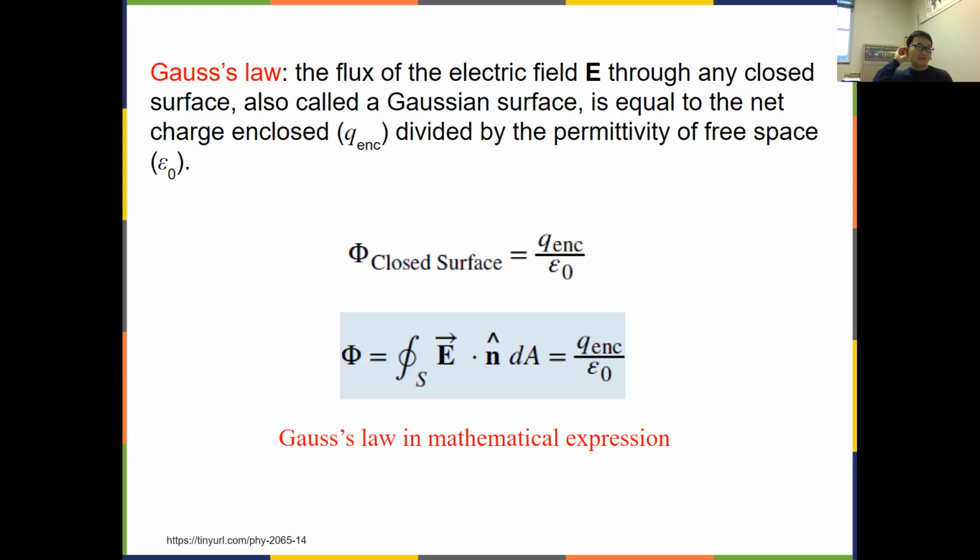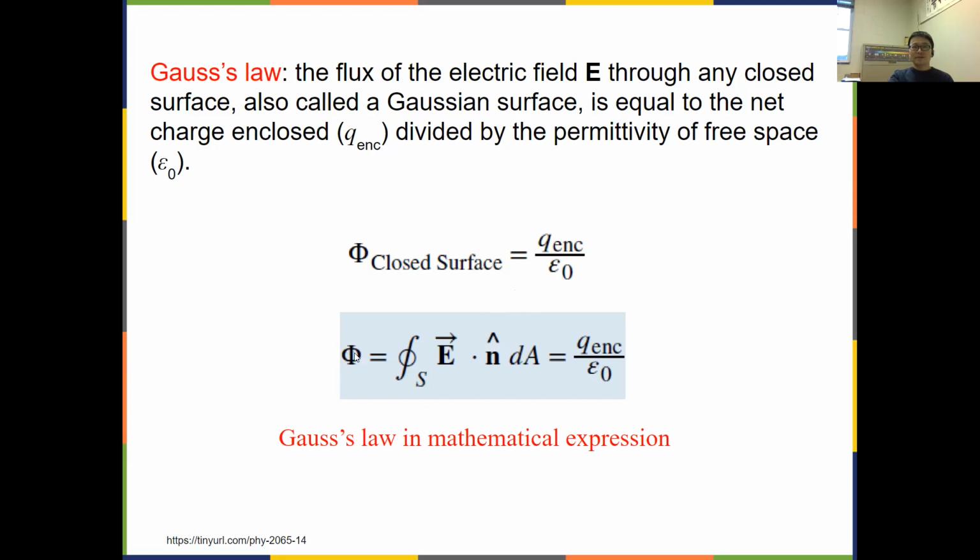In every scenario, if a closed surface has a charge inside, then the electric flux due to that charge should be equal to the charge enclosed divided by epsilon naught. This is Gauss's law.